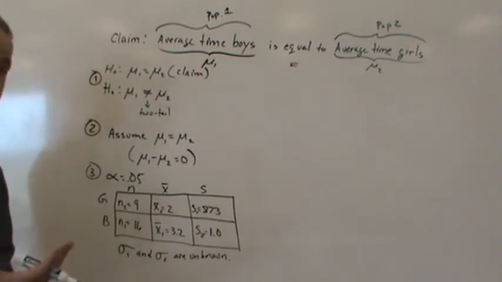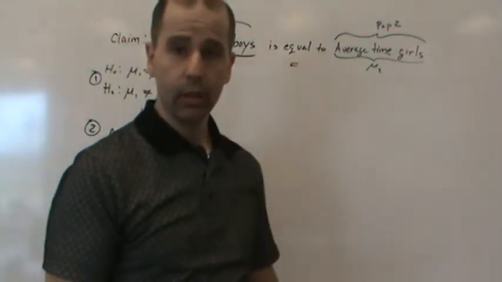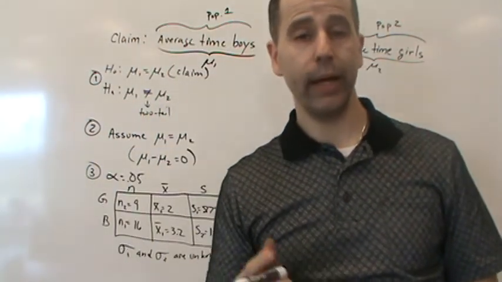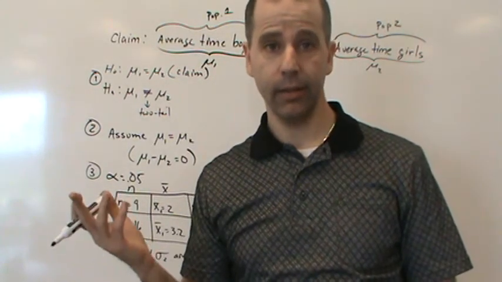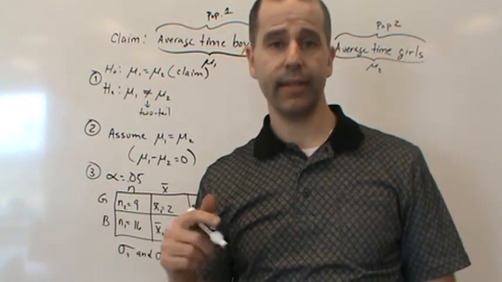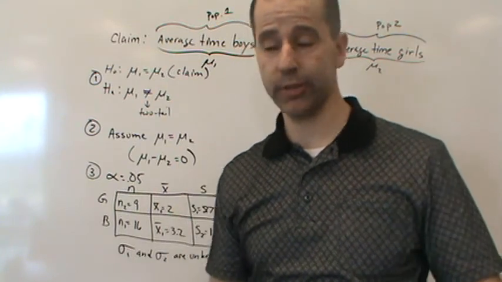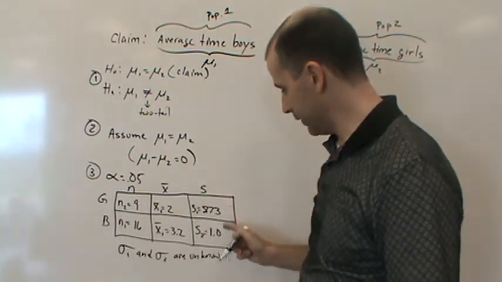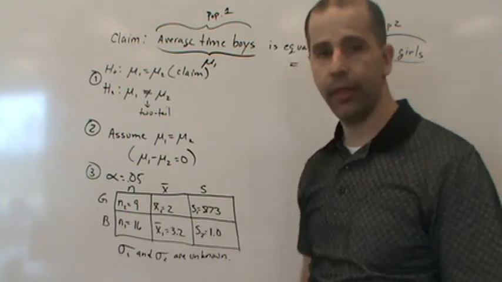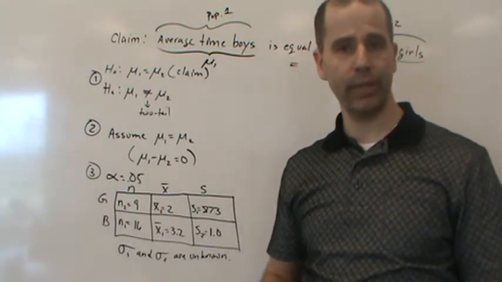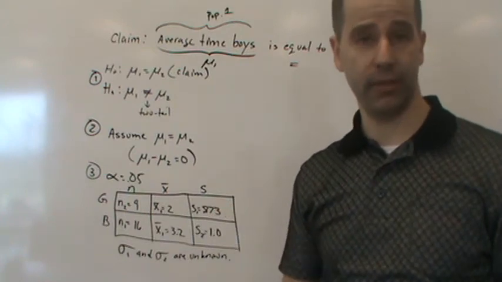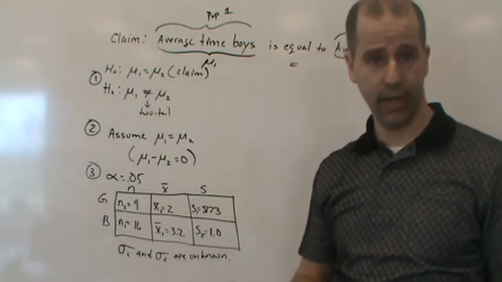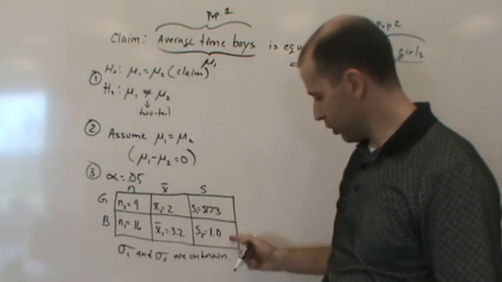So the rule of thumb is, when in doubt, don't pool. When in doubt, we're going to assume that they're not the same. Unless it's obvious that they should be the same, for example, if these two standard deviations here were the same, then that would be reason to assume that the population variances are also the same. But these two are not the same.